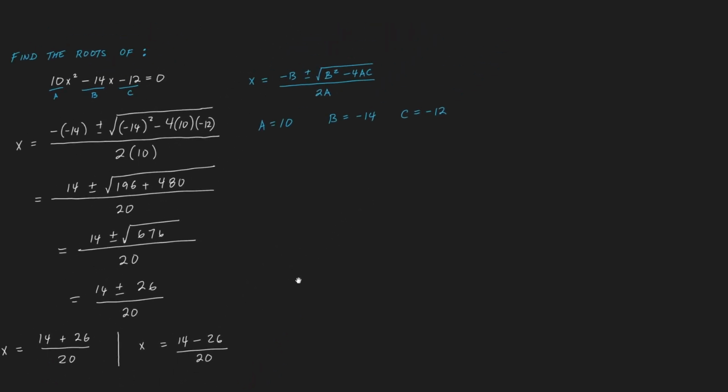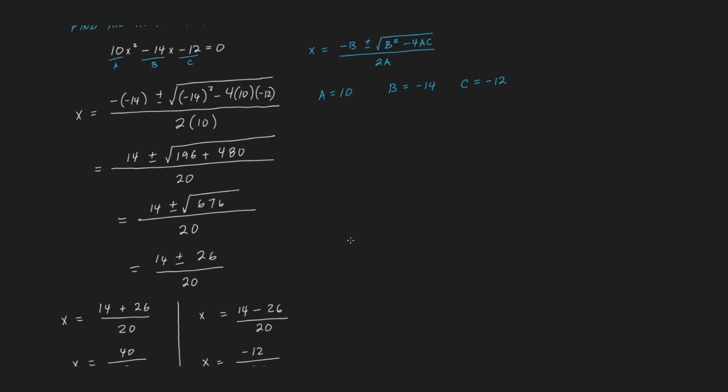Let's go back to our original quadratic and check if we get the same result if we factor our quadratic instead. Let me rewrite the quadratic again: 10x squared minus 14x minus 12 is equal to 0. Here we have 10 as the coefficient of x squared, and the constant being negative 12.